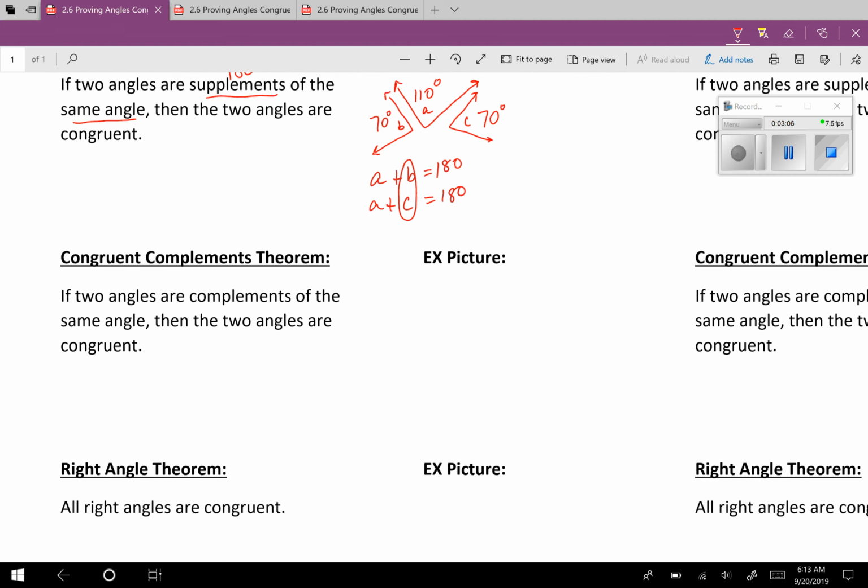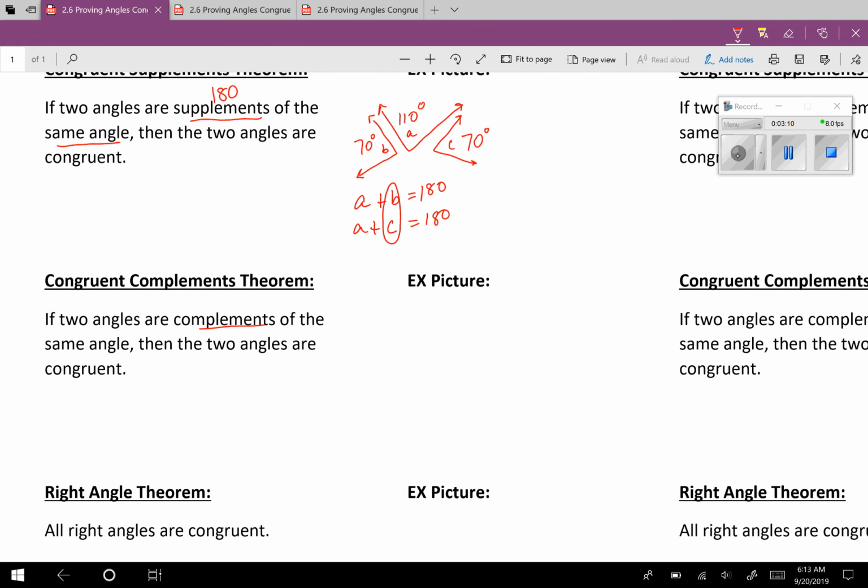Now, congruent complements. It's the same thing except instead of supplementary, we're doing complementary, which means the two angles add up to 90. Let's say I have an angle here, and it's 30 degrees. Well, we know 60 degrees is complementary to that.